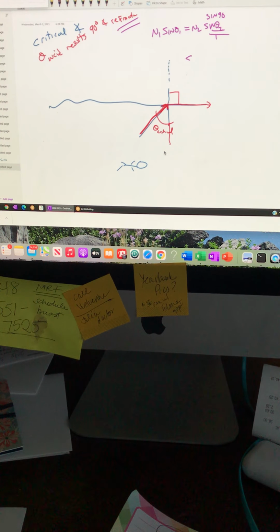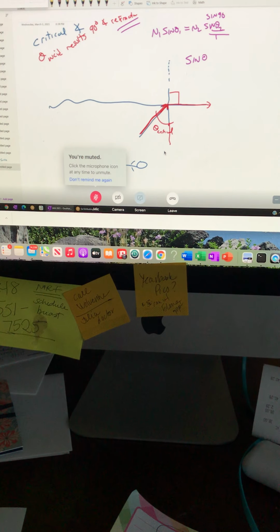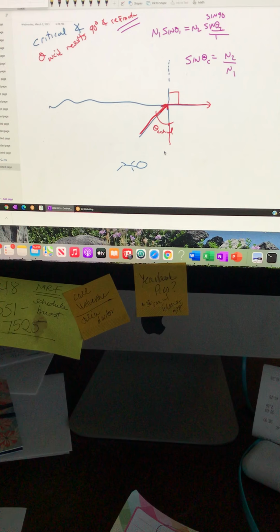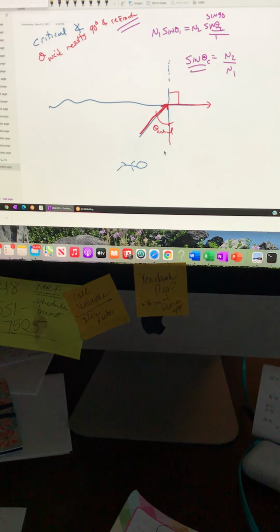So the critical angle, you might even say, is equal to n2 over n1. Everybody see it? It's not magic. Sine of theta, I need sine of 90 to be 1. That's my critical angle. Just as Miss Elena pointed out, if I increase this angle, no light escapes.